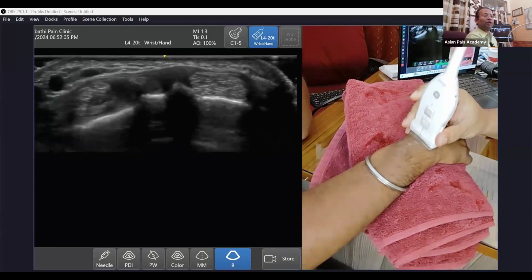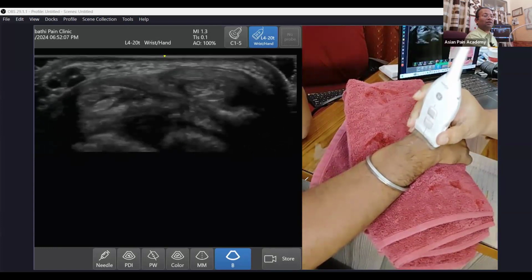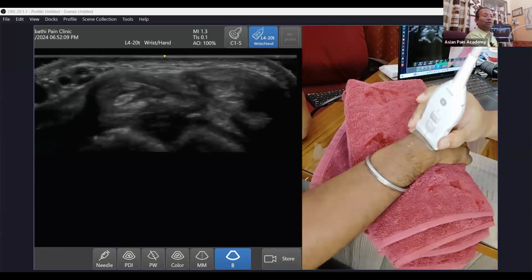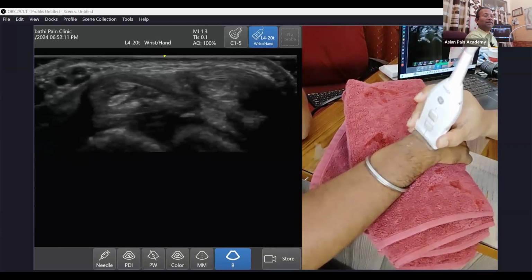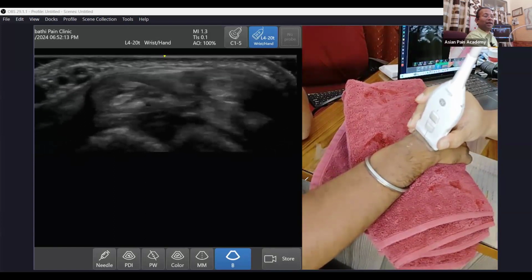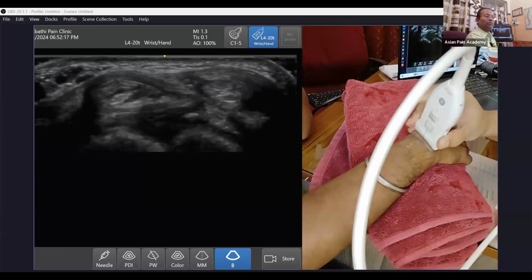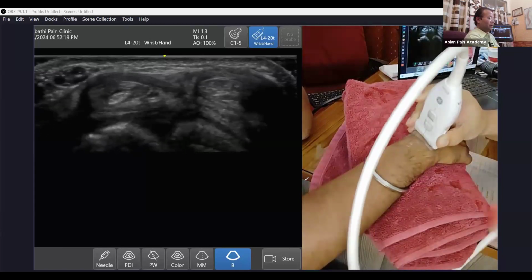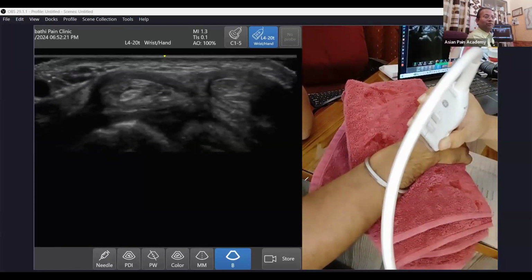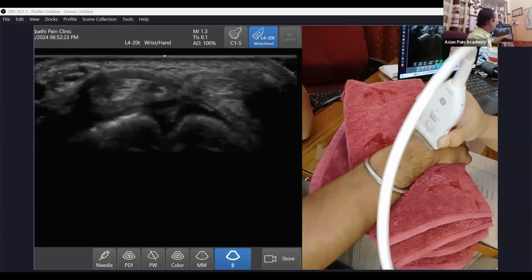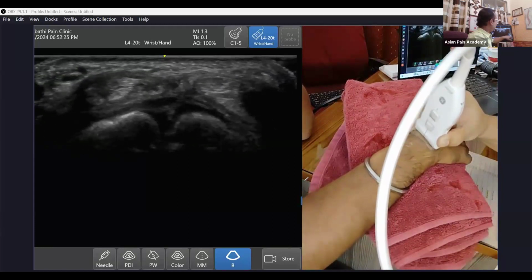So I am going, try to see. Already the distal intersection area has come, and below you can see two different types of bony margin. I'll make the depth a bit more.